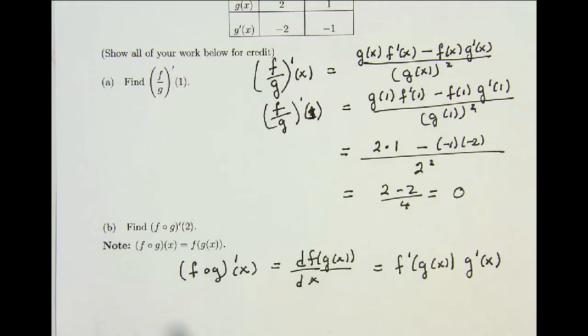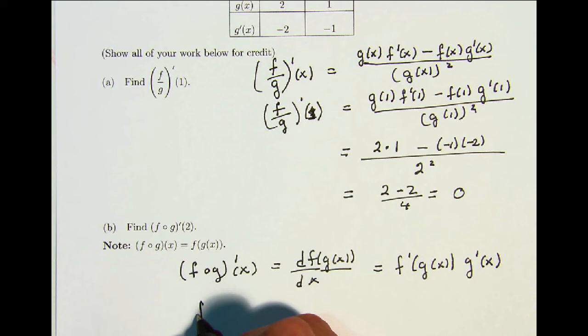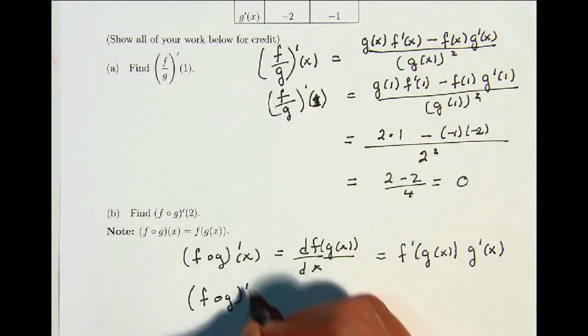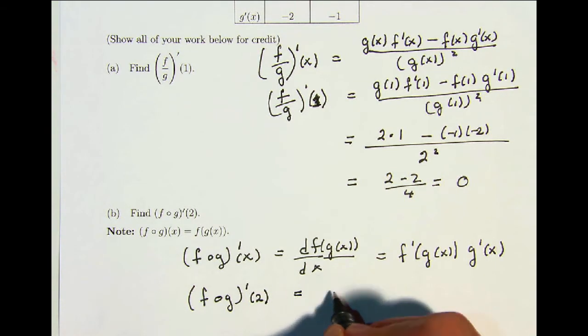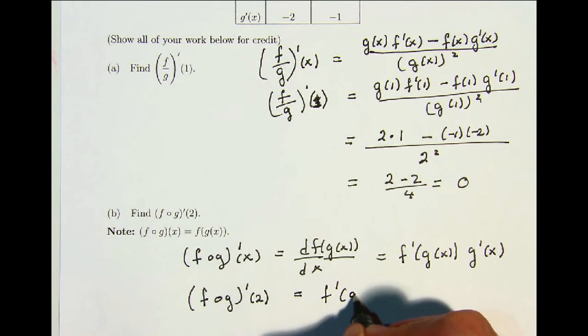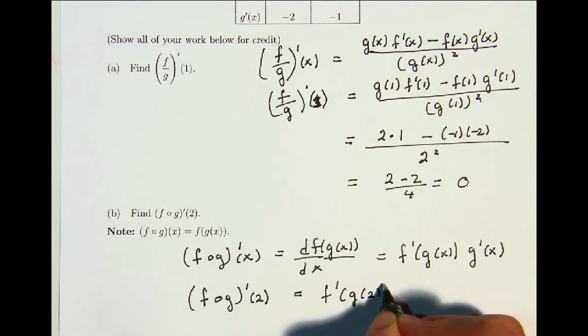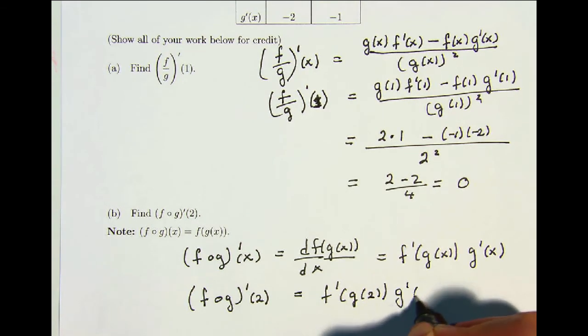And we'd like to evaluate this at x equals 2. So f after g prime of 2, filling in 2 for x, is f prime applied to g of 2 times g prime of 2.